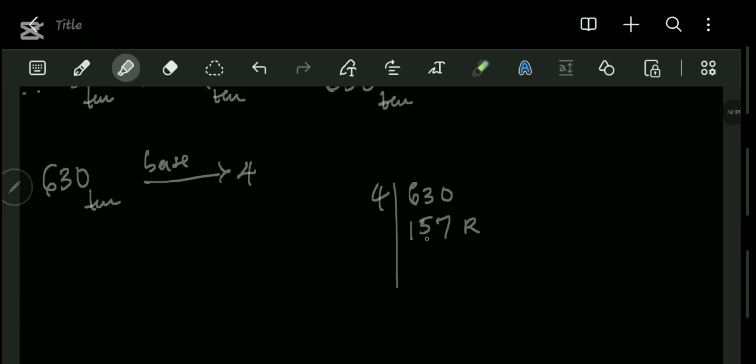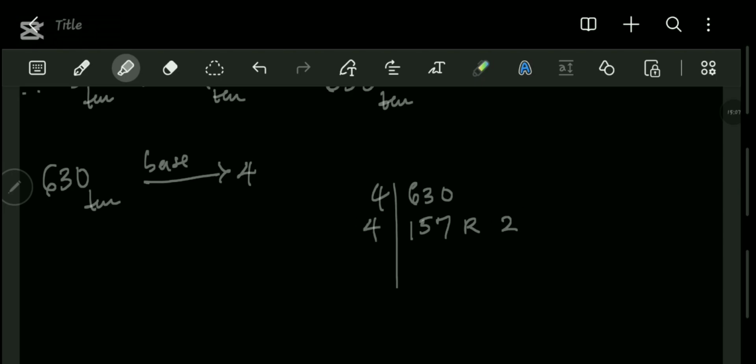If you multiply 157 times 4, that's giving us 628. And what can we add to 628 to give us 630? That's a remainder of 2. Are you seeing that? So what can I add to 628 to give me 630? That's a 2. So I have a remainder of 2 there.